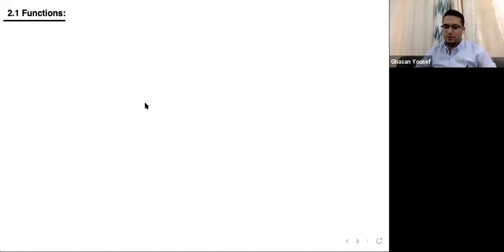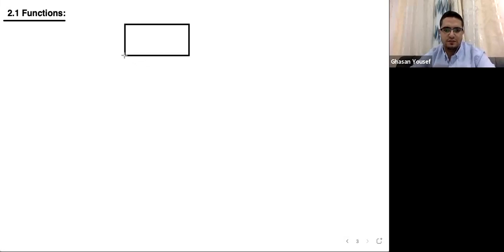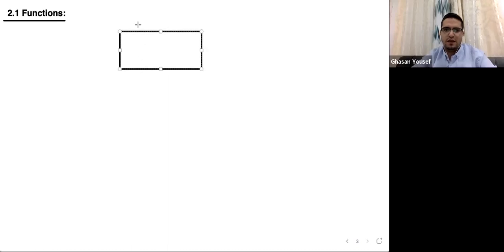Okay, so first of all, we have to know the function looks like a machine like this. This is my function. It is a machine.